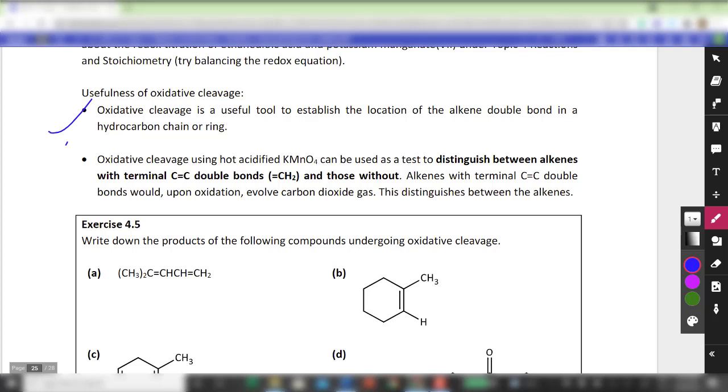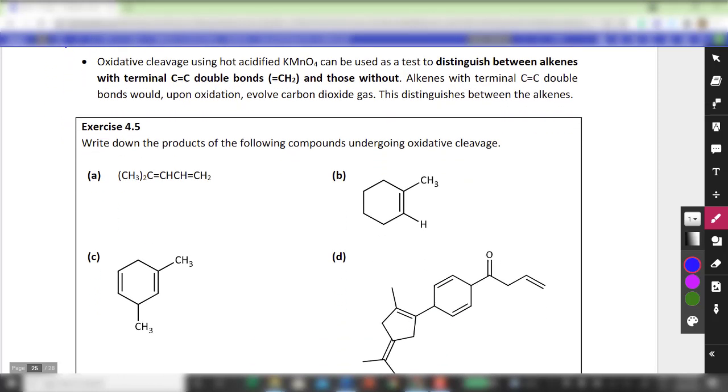Of course the first point is the more important one, but not to worry, we will not usually ask you the usefulness of oxidative cleavage, because this question is not so crucial. But oxidative cleavage is important in structural elucidation kind of questions, which you will encounter in your alkenes tutorial.